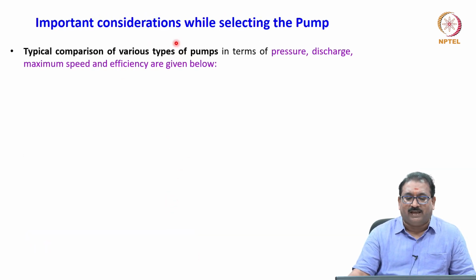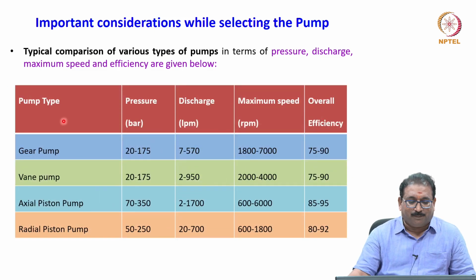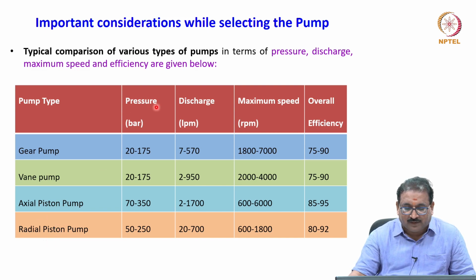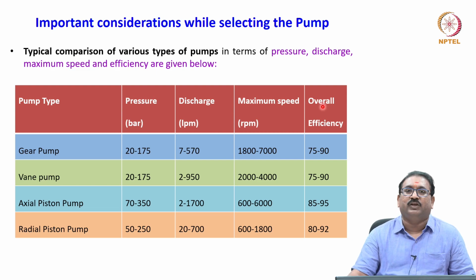So, a typical comparison of the various types of pumps in terms of pressure, discharge, maximum speed and efficiency is listed here for easy understanding. The pump types are gear pump, vane pump, axial piston pump, radial piston pump. Each has a different pressure rating, discharge, maximum speed and overall efficiency.